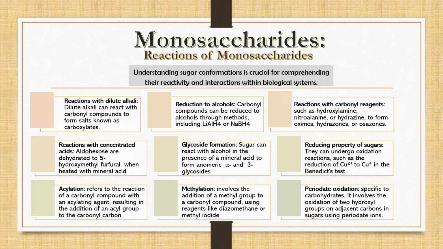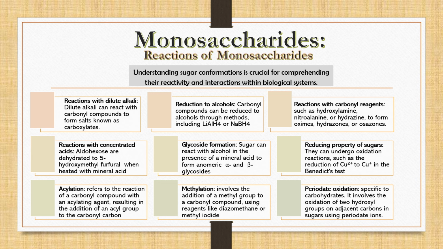Acylation refers to the reaction of a carbonyl compound with an acylating agent, resulting in the addition of an acyl group to the carbonyl carbon. Methylation involves the addition of a methyl group to a carbonyl compound. This reaction can be achieved using reagents like diazomethane or methyl iodide.